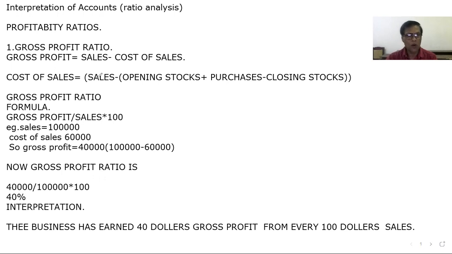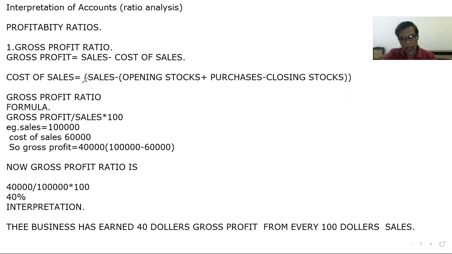That means the value incurred before selling. So cost of sales can be obtained this way: opening stock plus purchases minus closing stock. You have to add opening stock to purchases, then minus closing stock, and you get cost of sales.